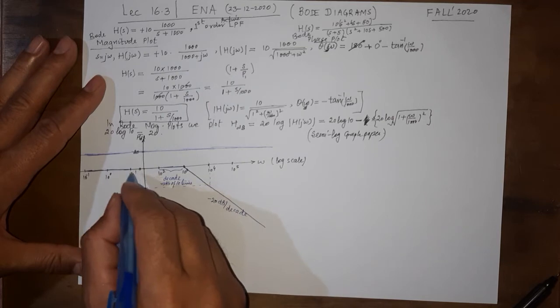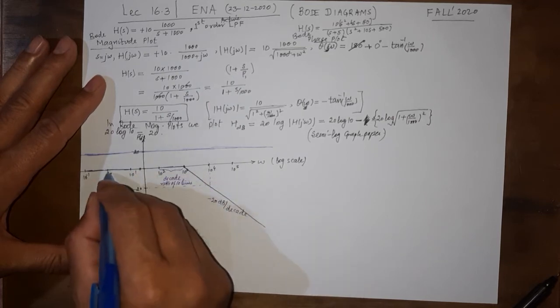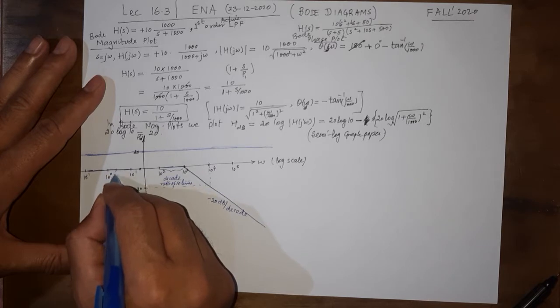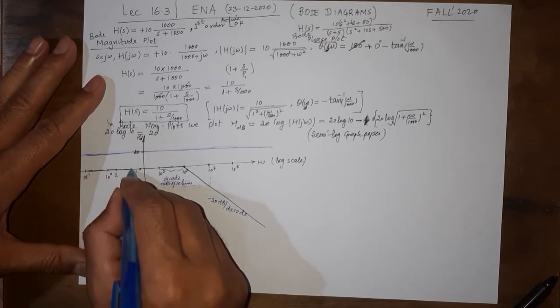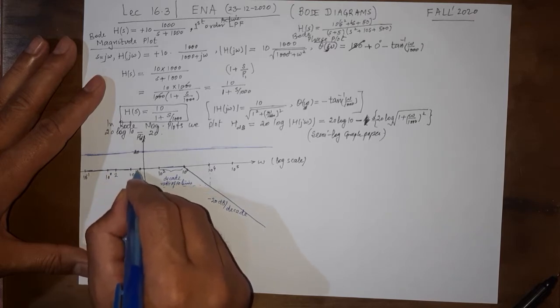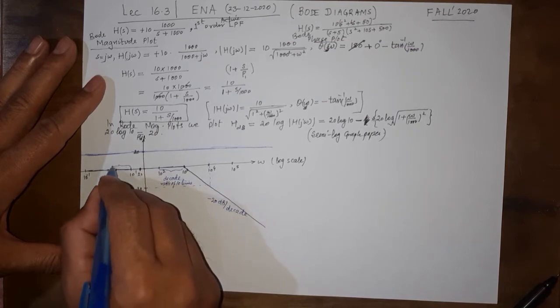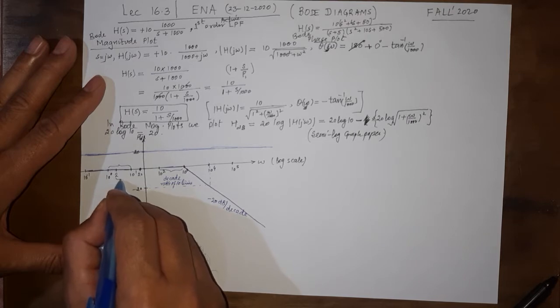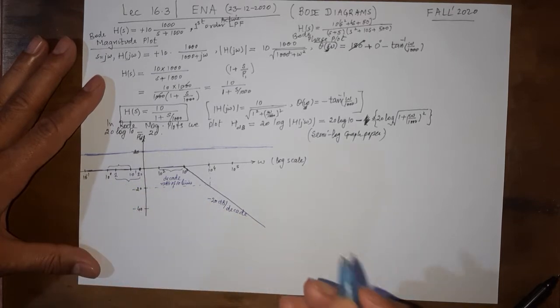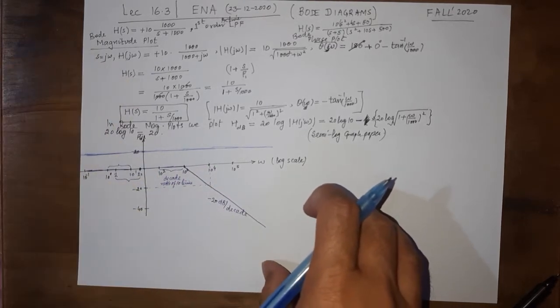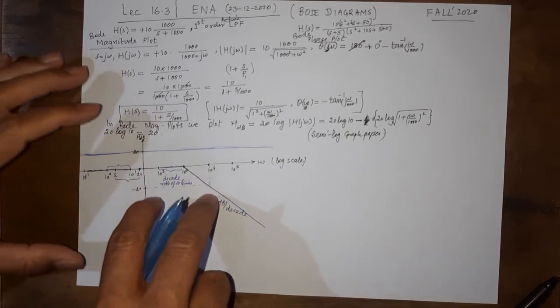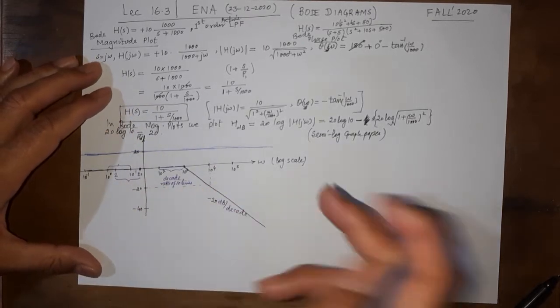So you see, between any two points this far apart, there is a ratio of 10 times. For example, this point is 10 to the power 0, which is 1. This point is 2, and this is 10 to the power 1, which is 10. And this point may be 20. So you see, this distance has a ratio of 10, and this distance also has a ratio of 10. Wherever on the graph you have this much distance, it is a decade apart.